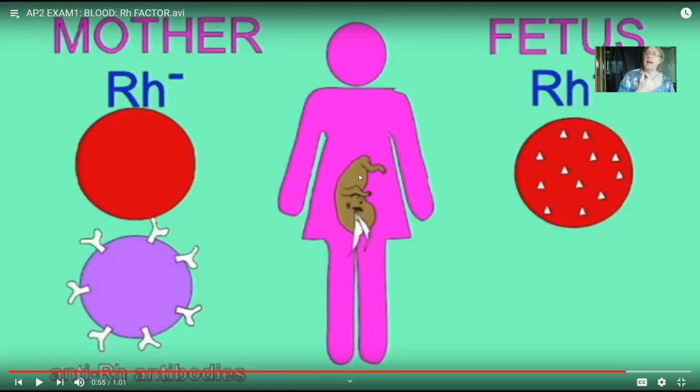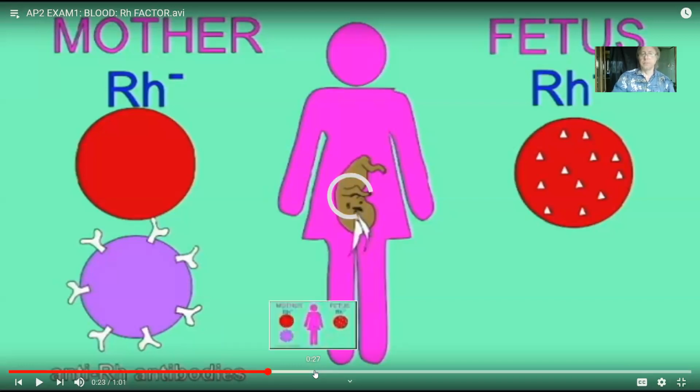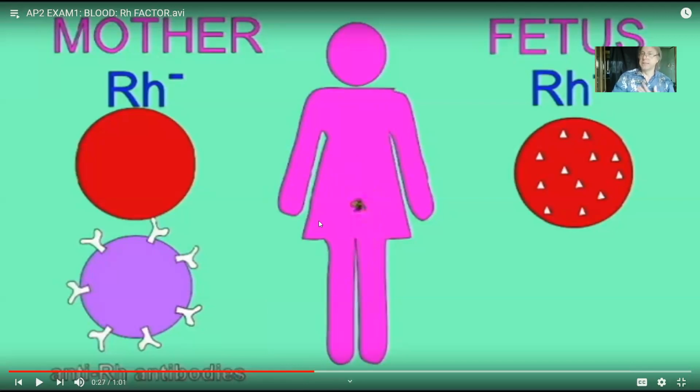However, a substance was developed called Rogam. In people younger than me and my family, Rogam clumps fetal blood. So it's given to Rh negative women. So if a pregnant woman is Rh negative, she is then given Rogam. Rogam will now clump fetal blood with the white triangles and prevent this first encounter.